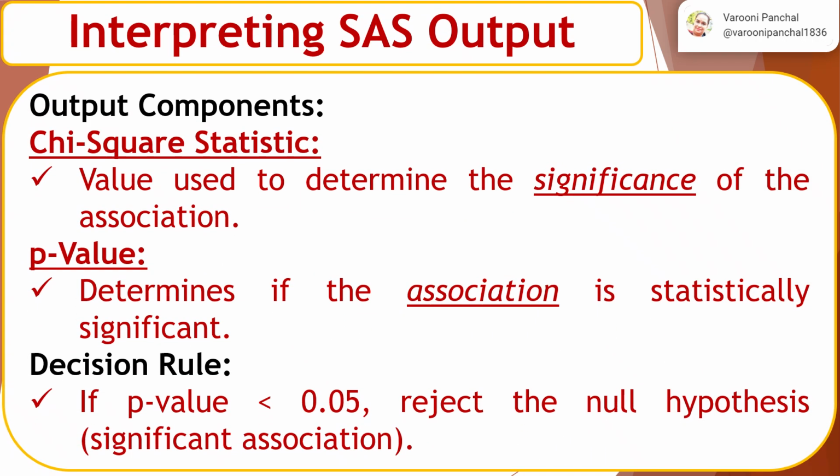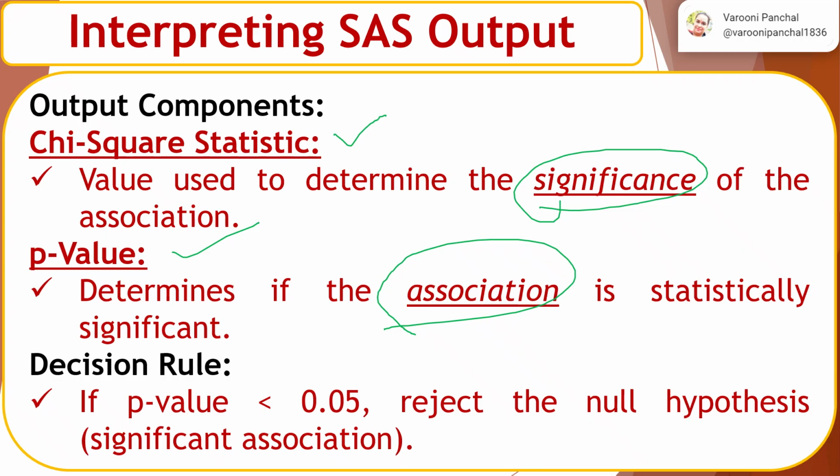Interpreting SAS output. I will explain the output components once you generate that data step in the SAS software or the SAS academic software. You will see some output components. The first thing is your chi-square statistic, which is used to determine whether there is a significant association. The next is your p-value, which determines whether the association is statistically significant.